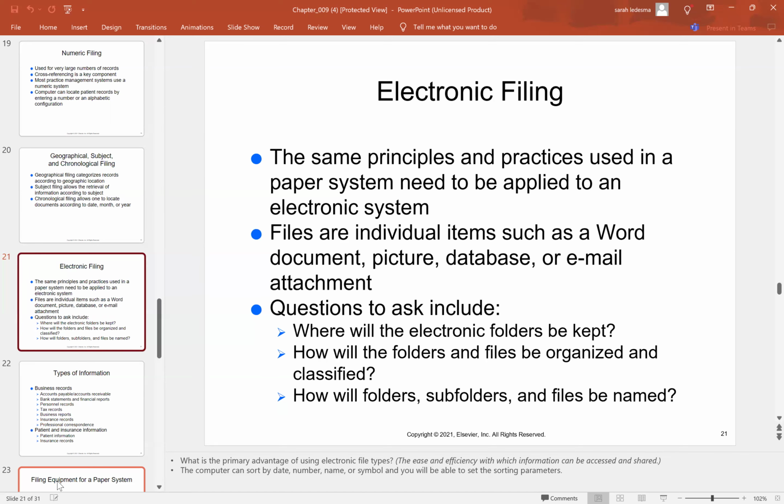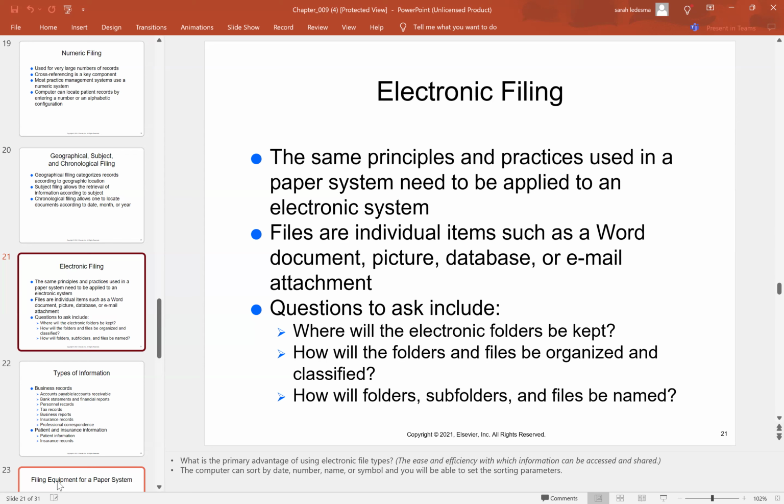Electronic filing: the same principles and practices used in a paper system need to be applied to an electronic system. Files are individual items such as a Word document, picture, database, or email attachment. Questions to include: where will the electronic folders be kept? How will folders and files be organized and classified?